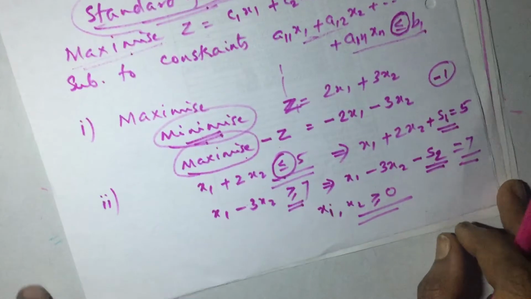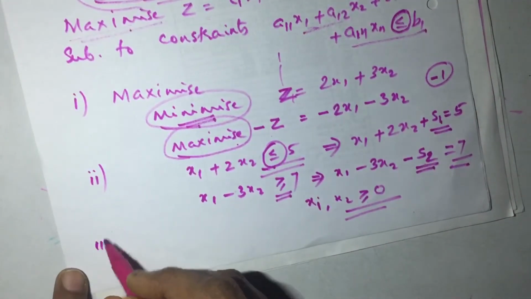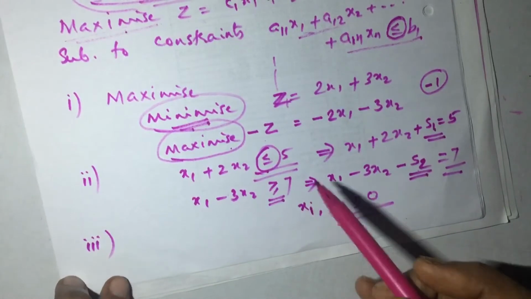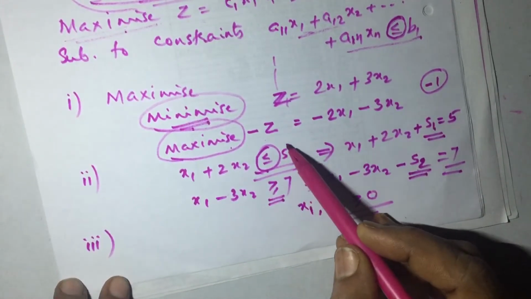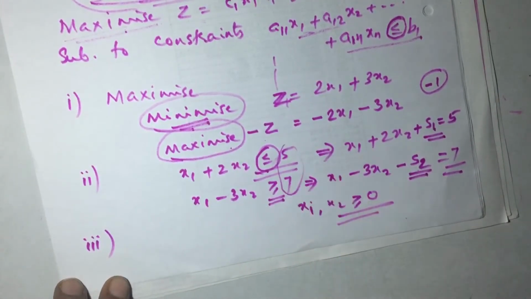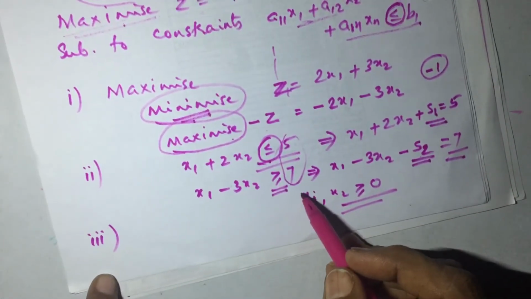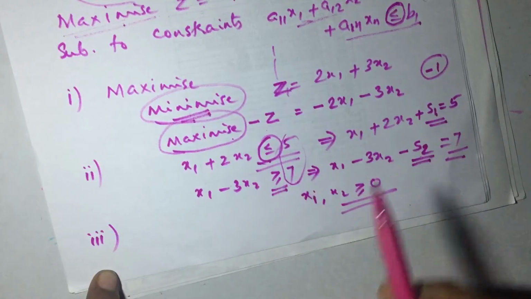Then the third is that the right side, the RHS, of all constraints should be non-negative, meaning greater than or equal to 0.